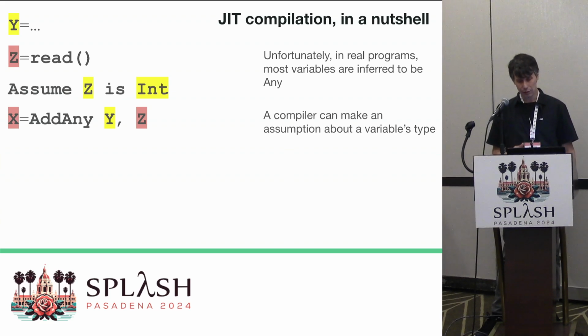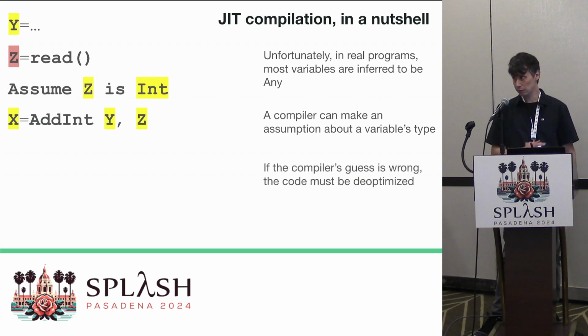And after that, the compiler can kind of resume the inference and restoring the precision for the next instruction. Now, if we fail, we de-optimize and resume in the unoptimized code.